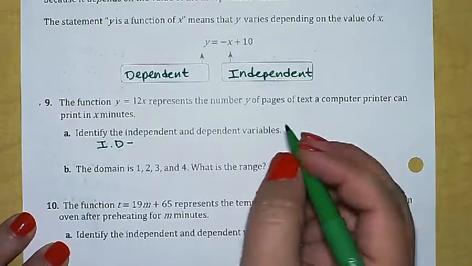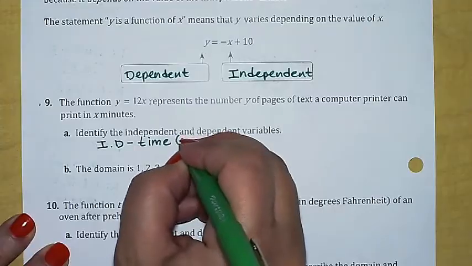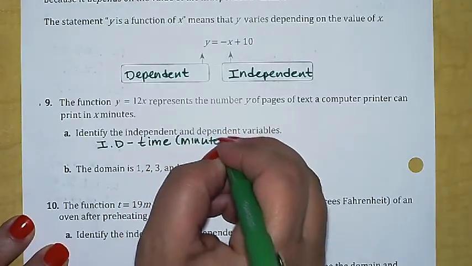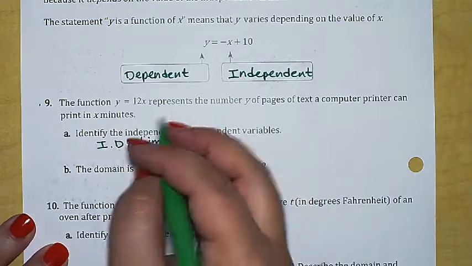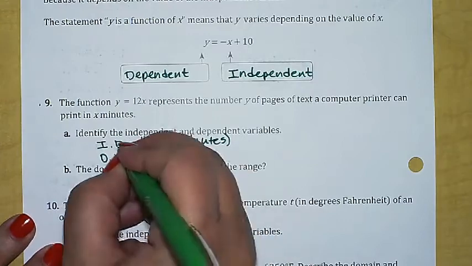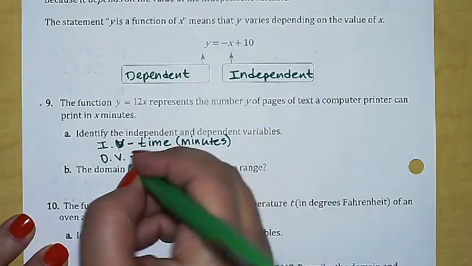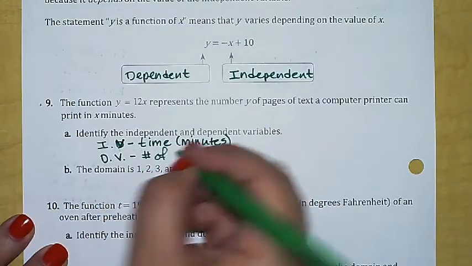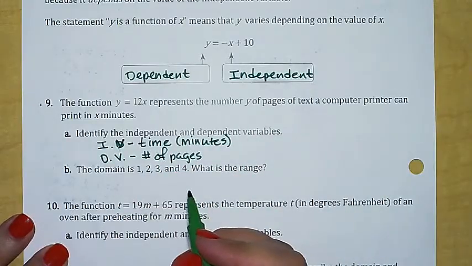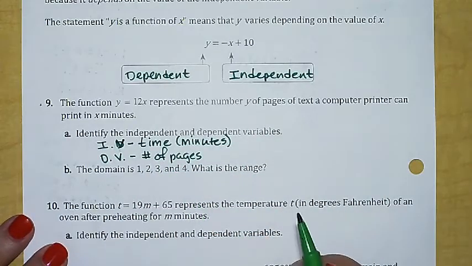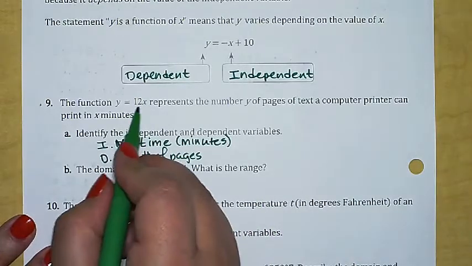So in this case, the independent variable is time, how much time it has been printing, and we are measuring that in the unit of minutes. Then our dependent variable, so this should have been a D, is the number of pages. The number of pages that are printed depends on how much time the printer has been printing. So that's our independent variable and our dependent, our input and our output.